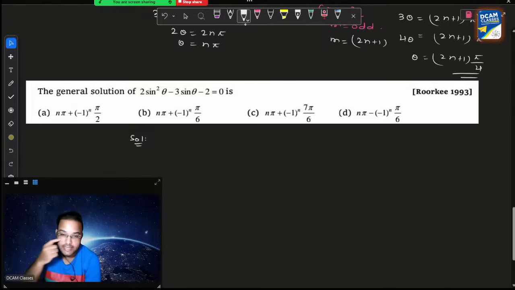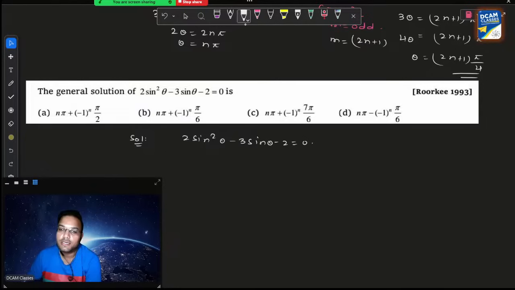Kanishka and Diva, तुम्हारा answer आया? सॉल्व करके दिखाऊं? Sir, I knew that sin theta will be minus 1 by 2, but after that, I didn't do it. After that part only you'll get the answer. Let me solve it completely. 2 sine square theta minus 3 sine theta minus 2 is equal to 0.